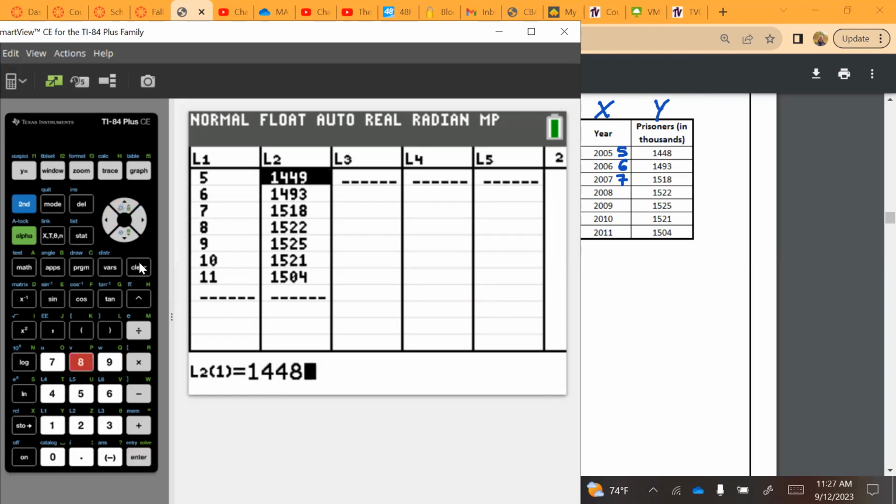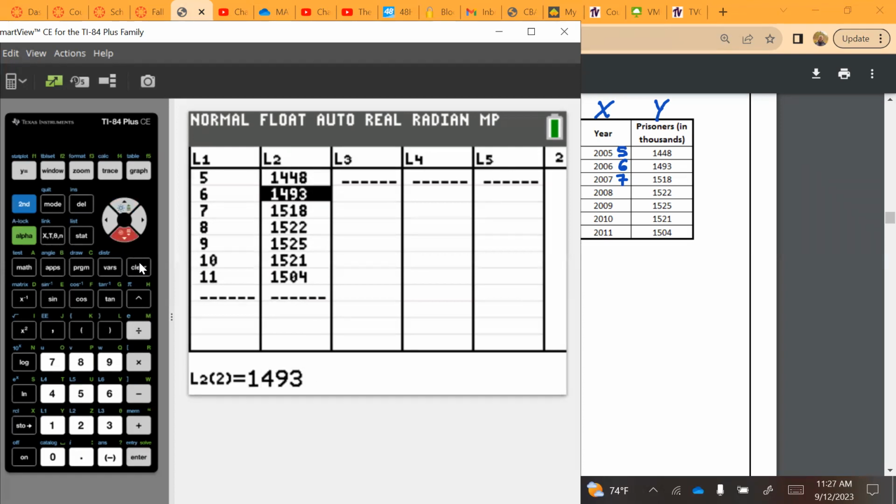But if instead you type 2448, now instead of that number being off by one prisoner, it's off by 1,000 prisoners, and that's going to make more of a difference.